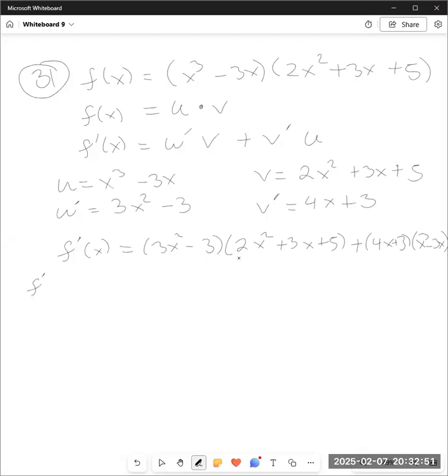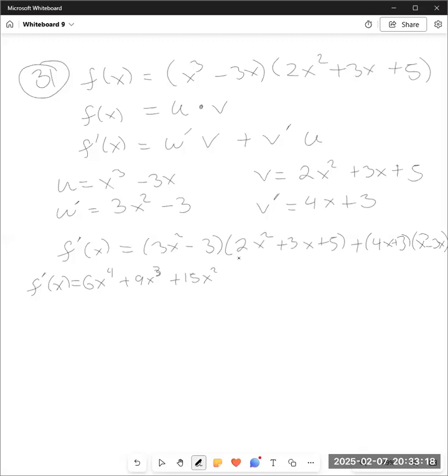So f prime of x: 3x squared times 2x squared is 6x to the fourth. 3x squared times 3x is 9x to the third. 3x squared times 5 is 15x squared.